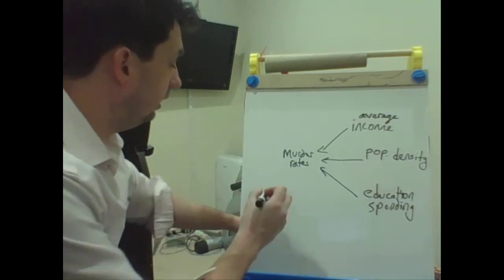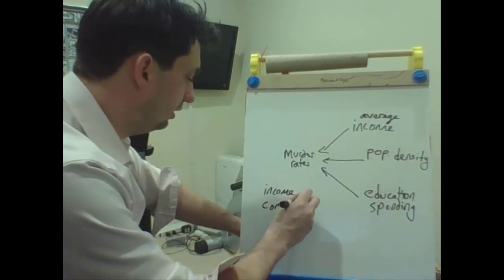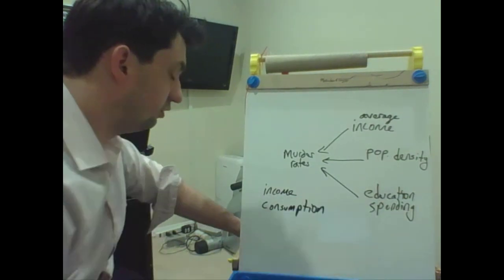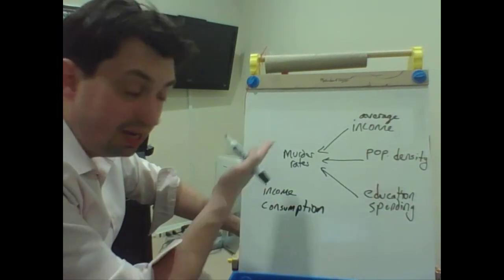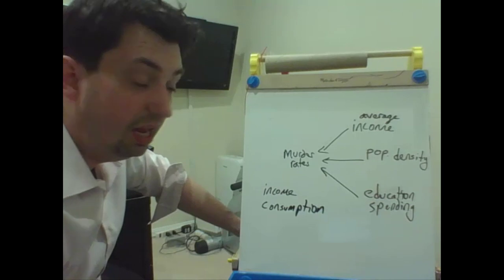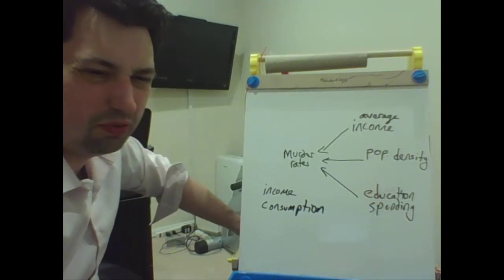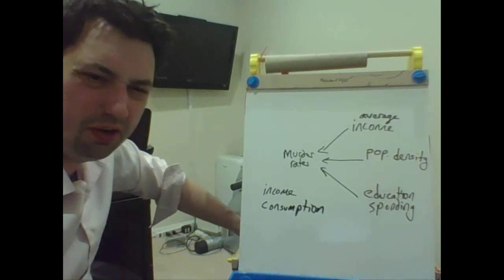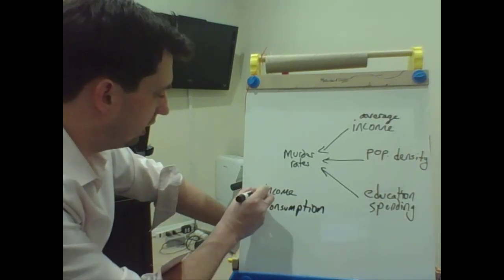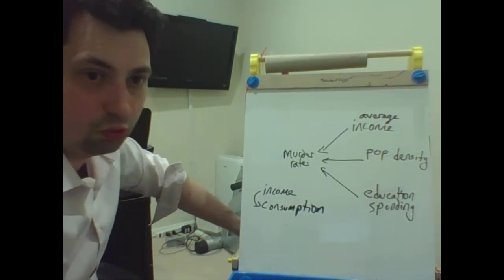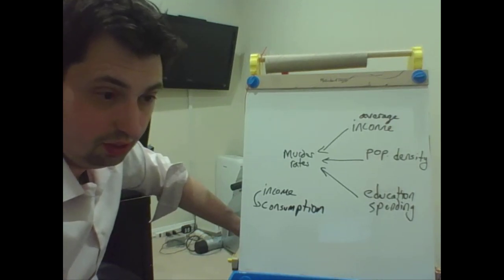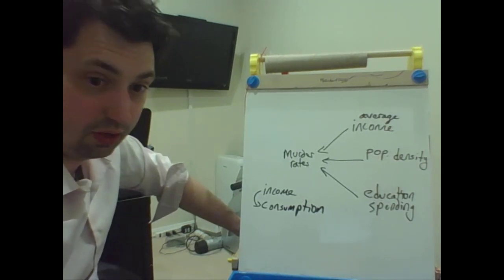Or people will say average income and average consumption, or the average amount of money people make and then the average amount of money people spend. That's also pretty redundant. There's a lot of overlap there. Those are very similar things. It's also very obvious if you want to say income causes consumption. Well, yeah, of course it does. Try to avoid obvious connections.